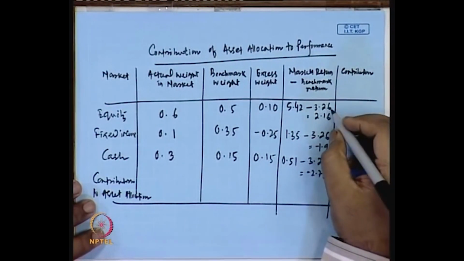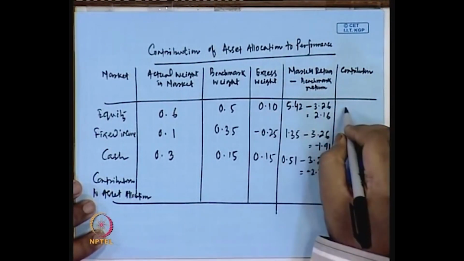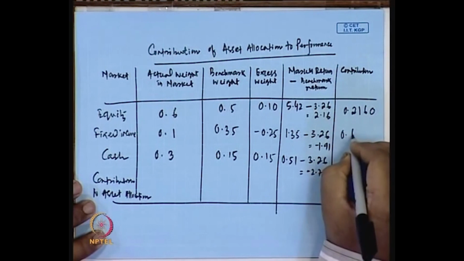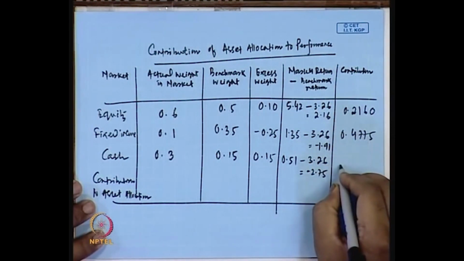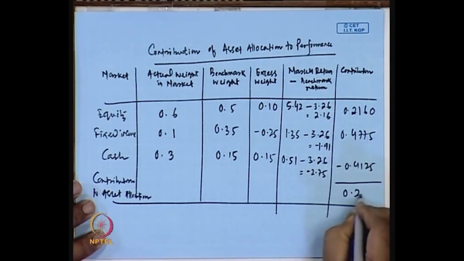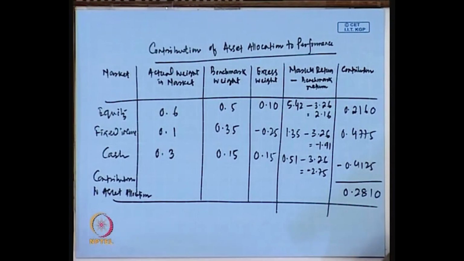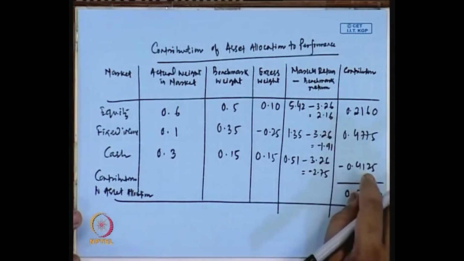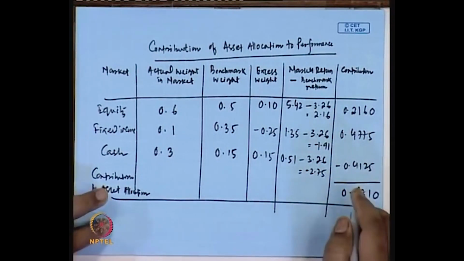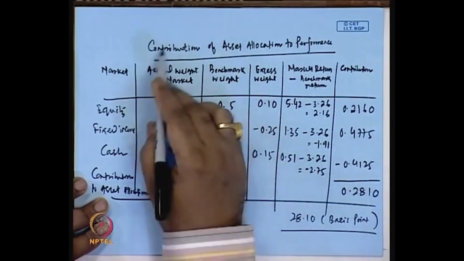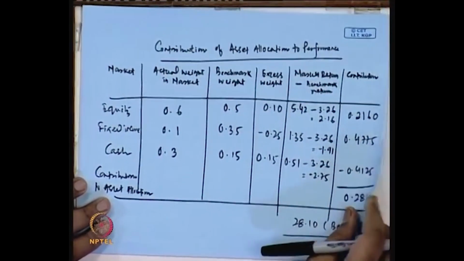So finally, the contributions multiplied by the excess weights will be 0.2160, 0.4775, minus 0.4125, and the total will be 0.2810. So what we have observed here is that we get 28.10 basis points of excess return because of the asset allocation process.